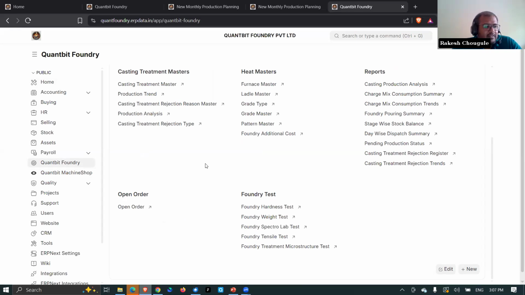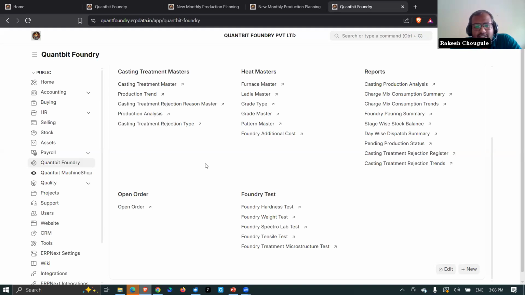There is no proper inventory tracking of the casting or charge mix. After pouring, there is no tracking. Where the material is available after pouring, at which stage, what its cost and value are, and whether it is a rejection or good casting, there is a mess about it. So we have defined the process flow in such a way.